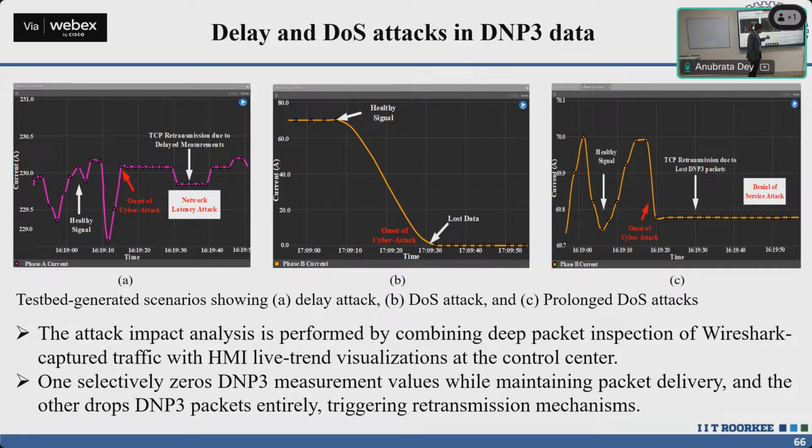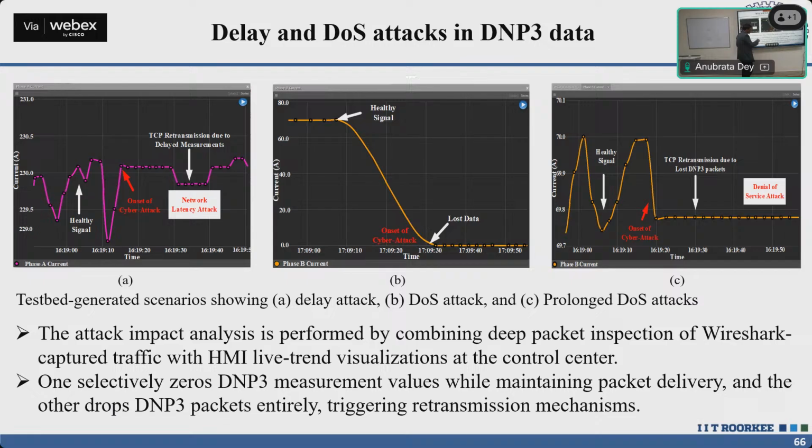In the same way, here you can see it's a DOS attack. For a certain period of time the data is not available, then you re-establish the connection, and the data is available again. The third one is the prolonged DOS attack, meaning that for a significant period of time the data was not available.